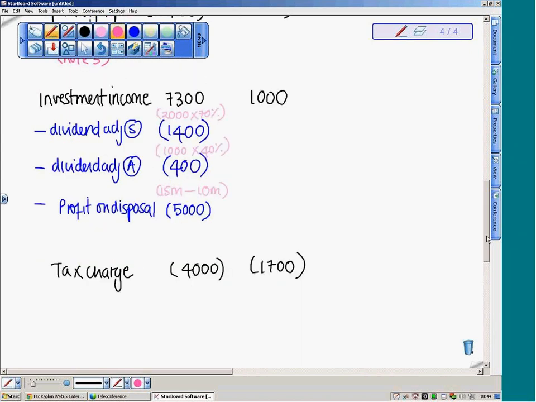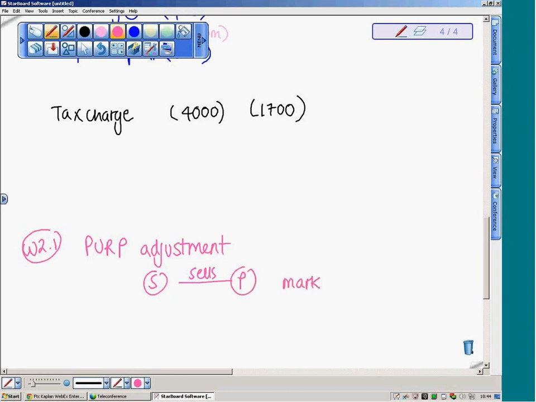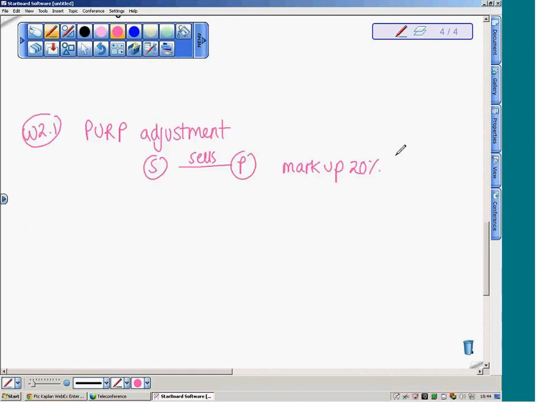Okay. And just underneath, I'm going to work through. I'll leave a bit of space to total things up. I reference a working 2.1 for my PURP adjustment. Okay. I'm going to remind myself that it is the subsidiary that sells to the parent, and it is at a markup of 3%. Okay, they mention that all to me in note 5.